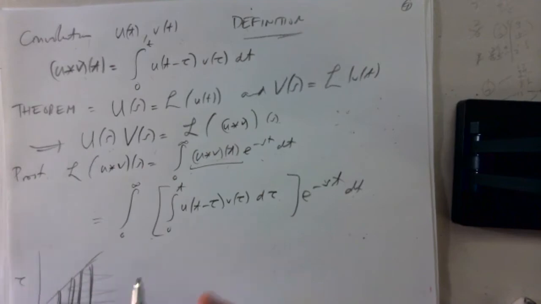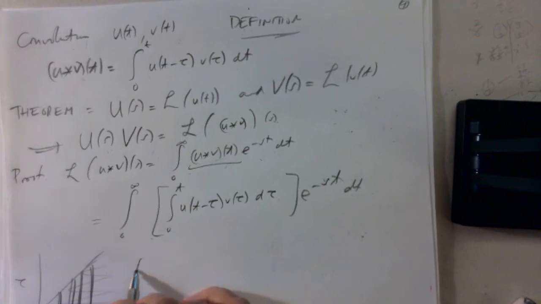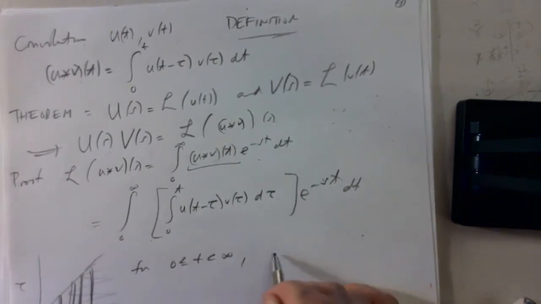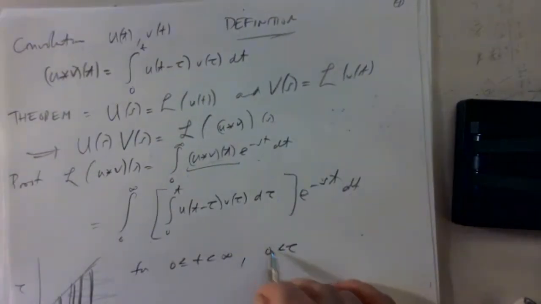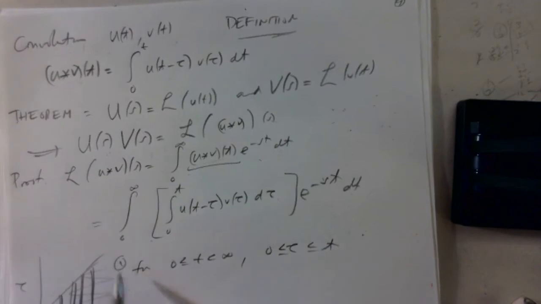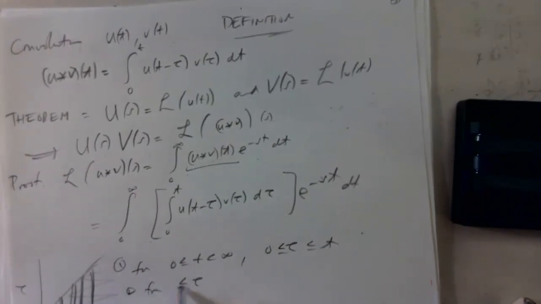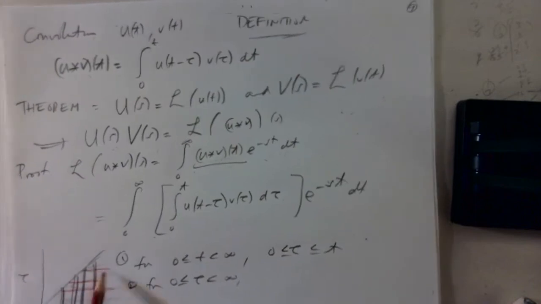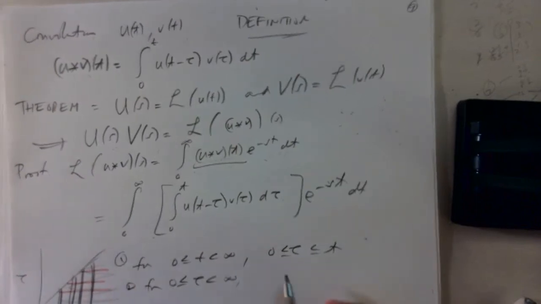But this region we can describe in two ways. So for 0 less than t less than infinity, tau is between 0 and t. Or alternatively, for tau between 0 and infinity, for every tau, t goes from tau to infinity.